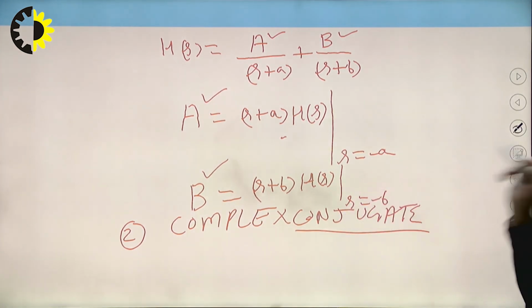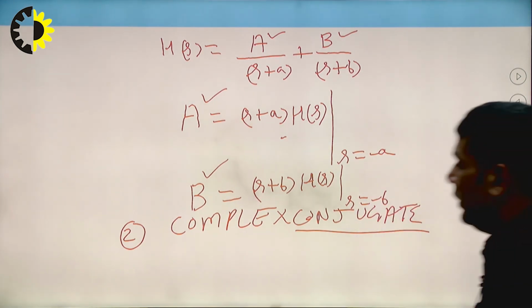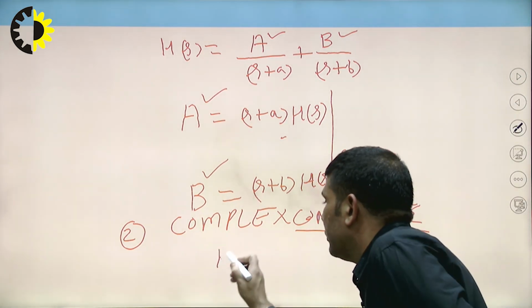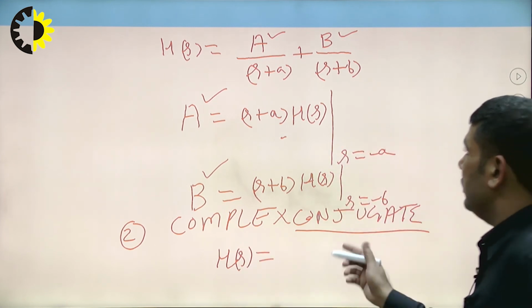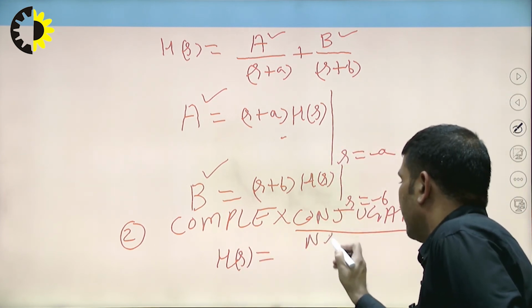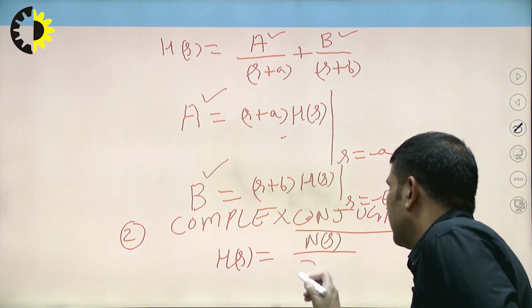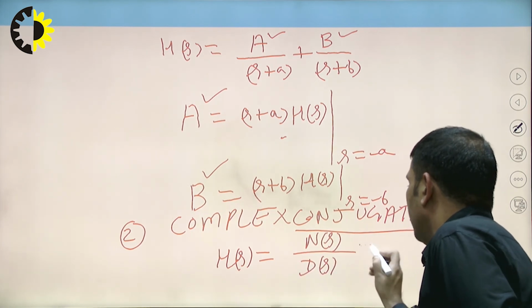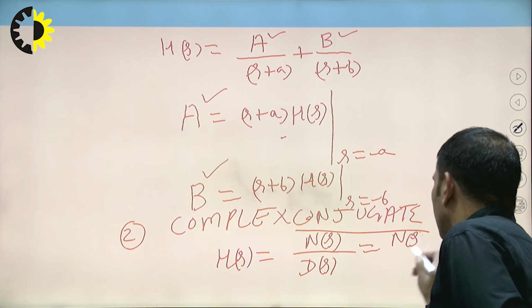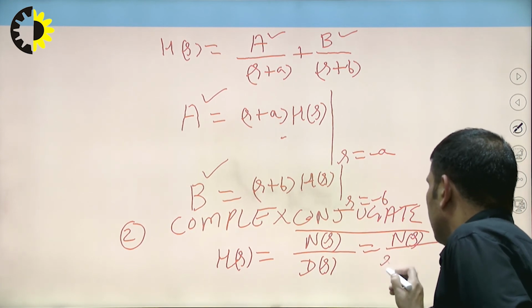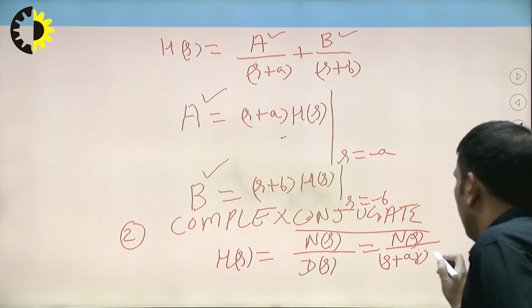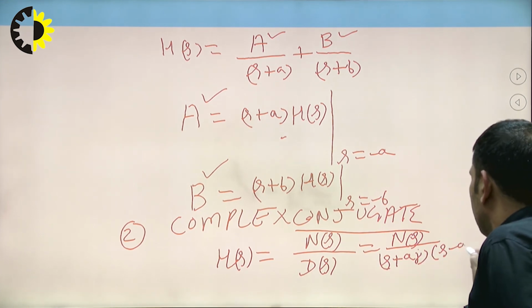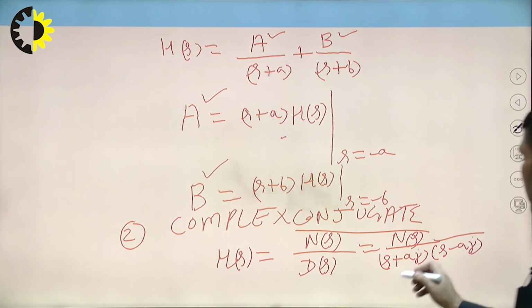Okay, when the roots are complex conjugates, then you can say H(s) is equal to, suppose, N(s) upon D(s), that is N(s) upon, suppose, (s plus aj)(s minus aj). So these are complex conjugate.